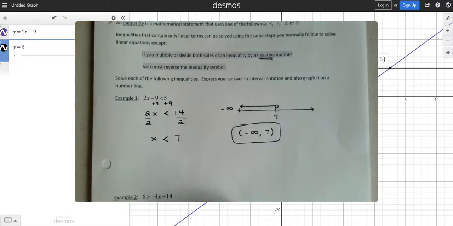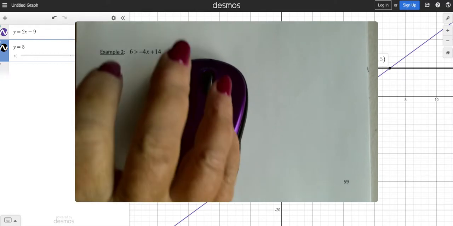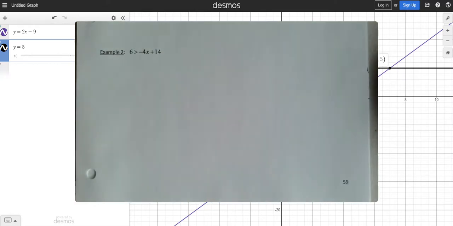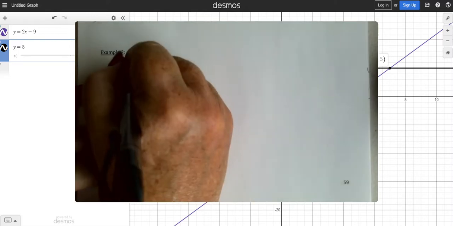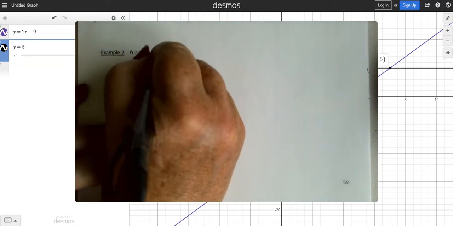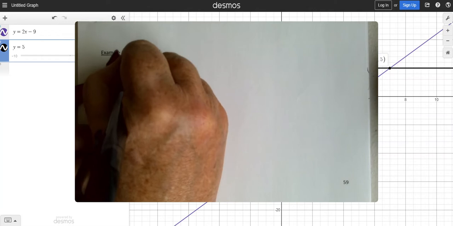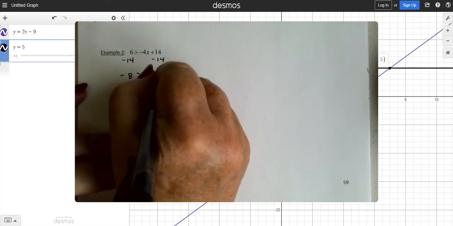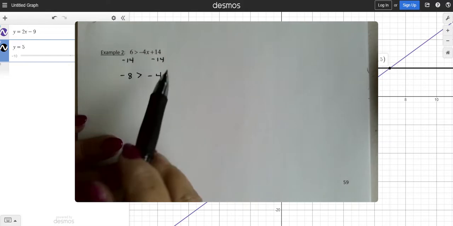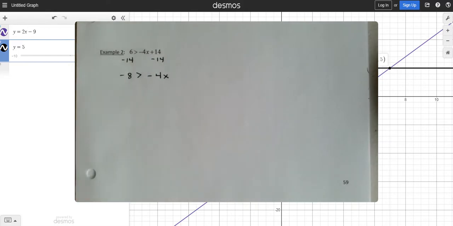All right, let's try another one. 6 is greater than negative 4x plus 14. So I'm going to start by subtracting 14. Negative 8 is greater than negative 4x. Notice I was just subtracting, not multiplying or dividing, so I didn't change my inequality. But here is going to be the first place I'll have to worry about that rule.